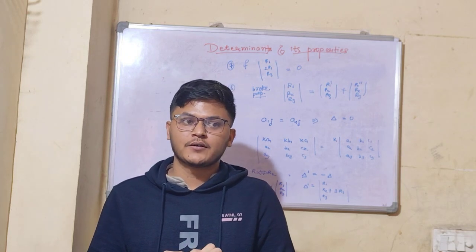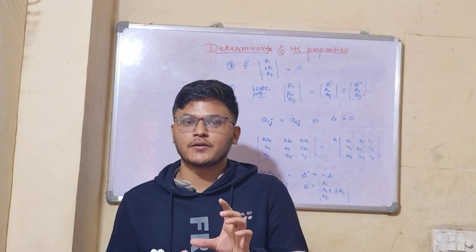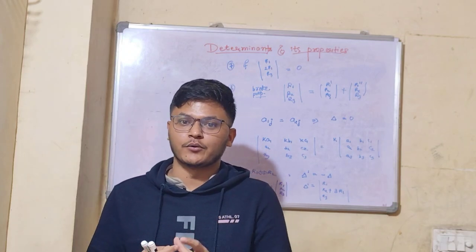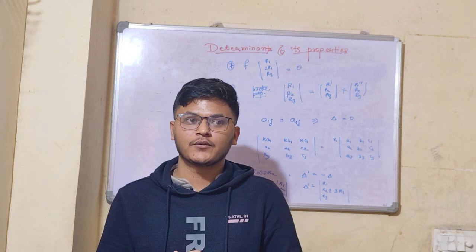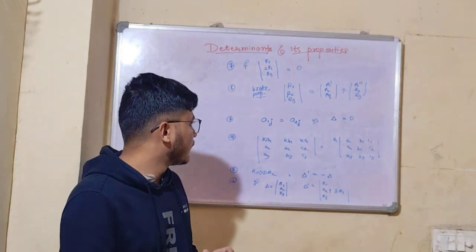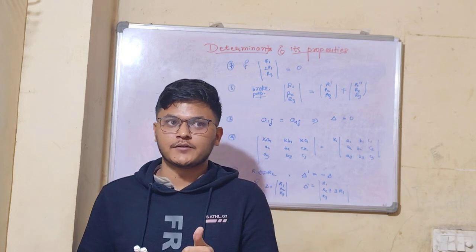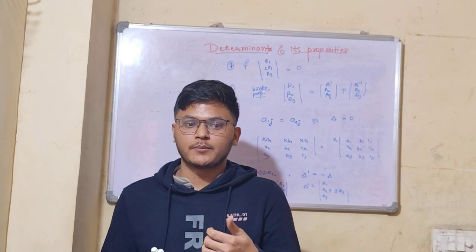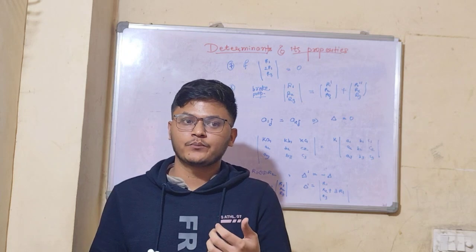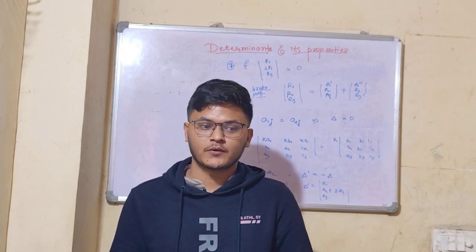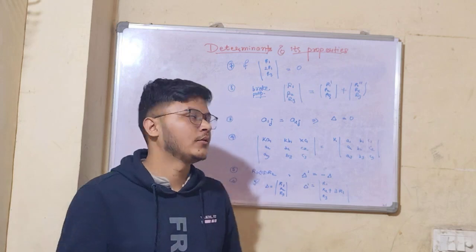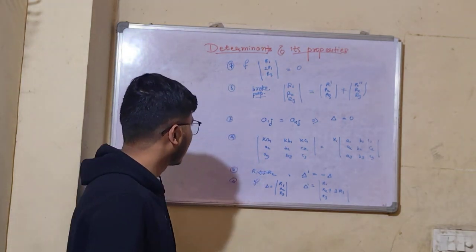Fourth, we can take out any factor from any row or any column. Fifth, the determinant will remain unchanged if we add a multiple of a row to another. Okay, so these are our 5 properties.